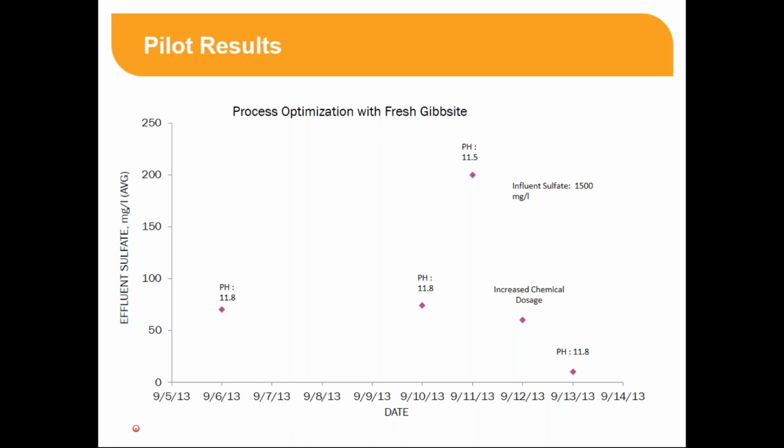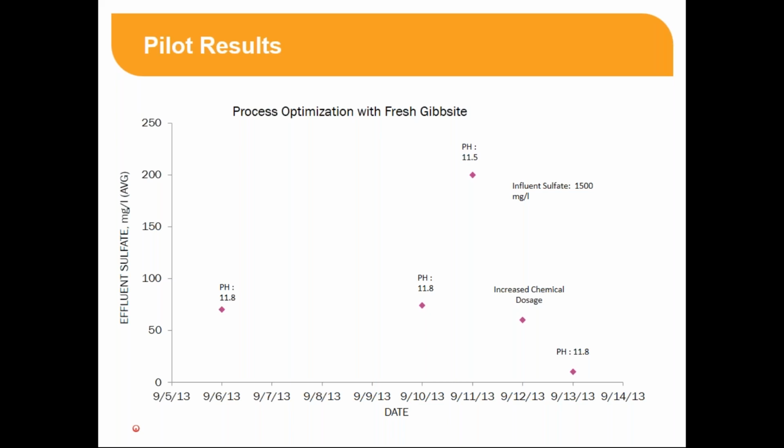We ran at 11, and it did not reduce the sulfates to a lower concentration. At 11.5 pH, we were able to reduce sulfates down to 200 milligram per liter. At 11.8, we were able to reduce sulfates down to 100 milligram per liter. The pH is a very important parameter.